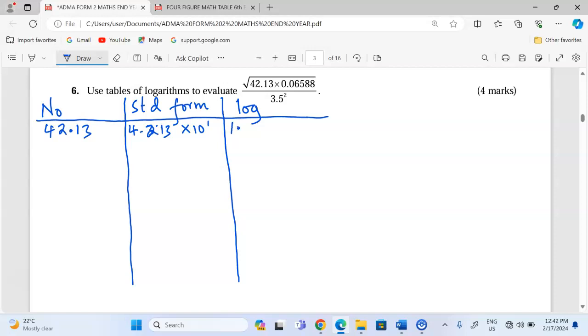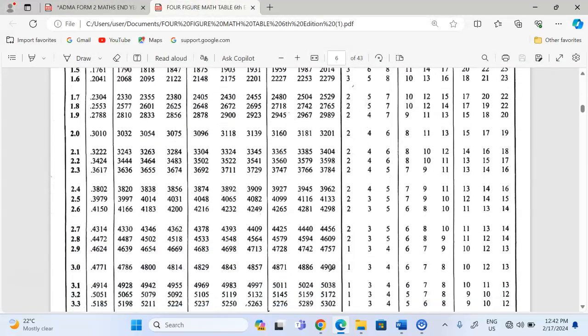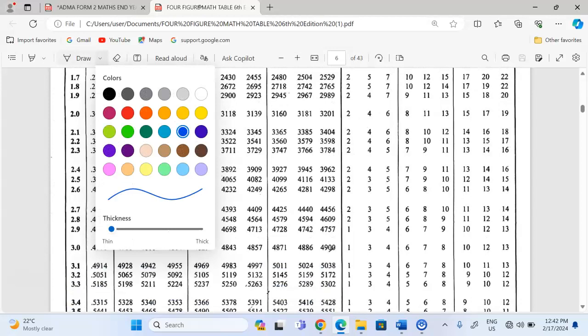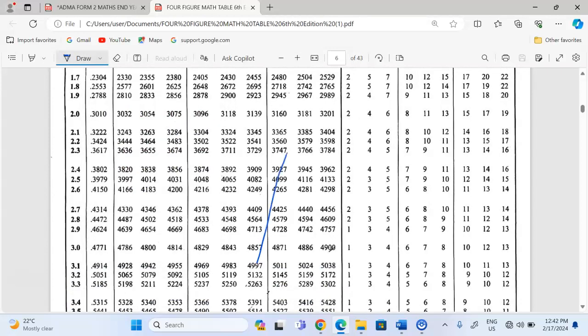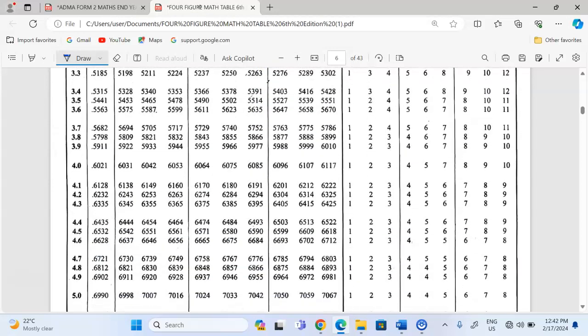Now the mantissa should be read from the math table such that we need 4.213. So I have a 4.2 at this point, then 1, then where there is 3, I'm seeing a 3 here.